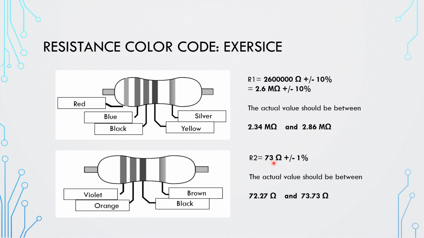This is the value for the resistor, and this is the tolerance. And you can see lower tolerance means a low range of restriction on the value. So the value of the resistor should lie between these two numbers. Yeah, this is how to know the value of the resistor from its color.